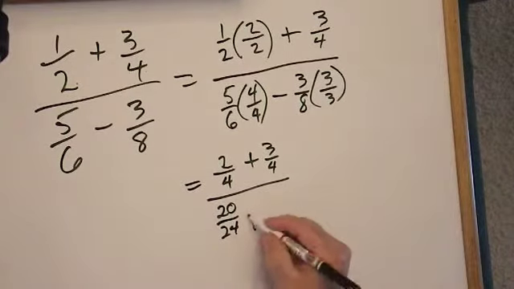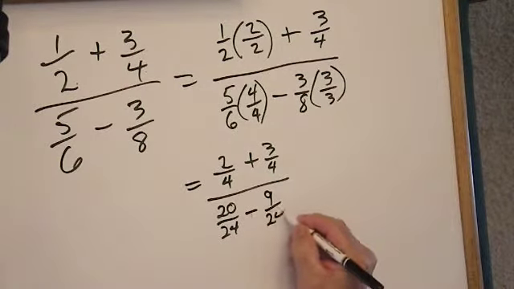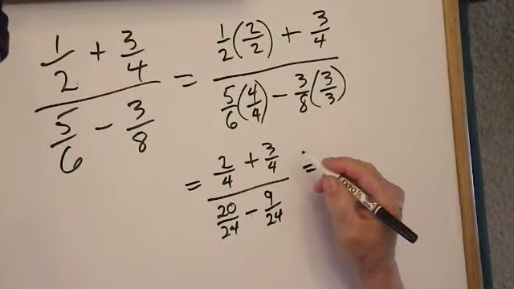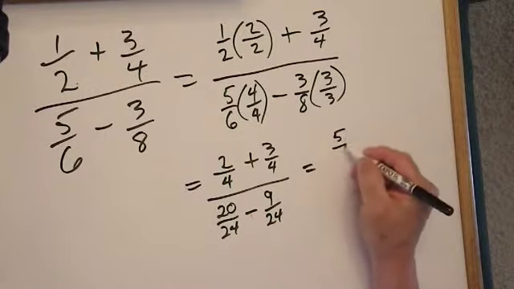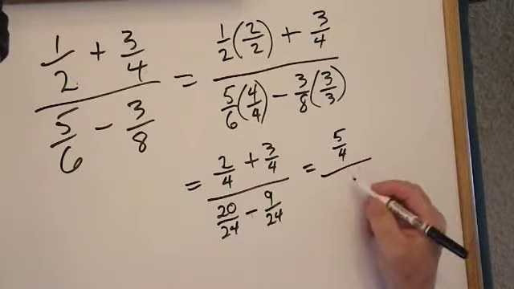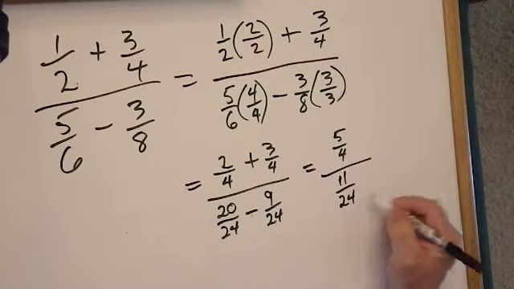Sorry, that's a minus, 9/24. And we can simplify the top piece to get it to be 5/4, all divided by, this is going to be 11/24.